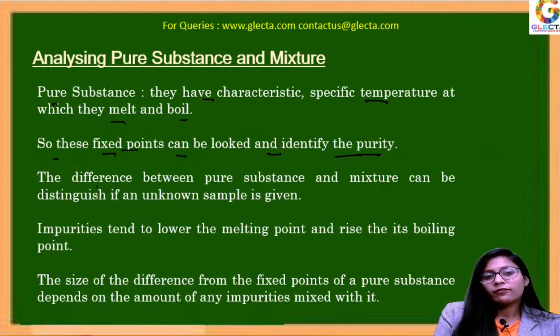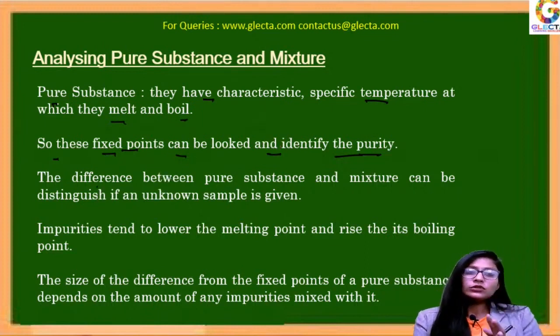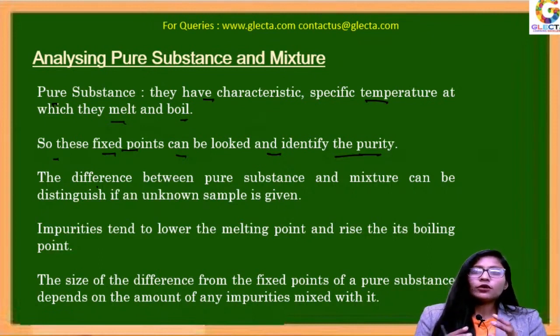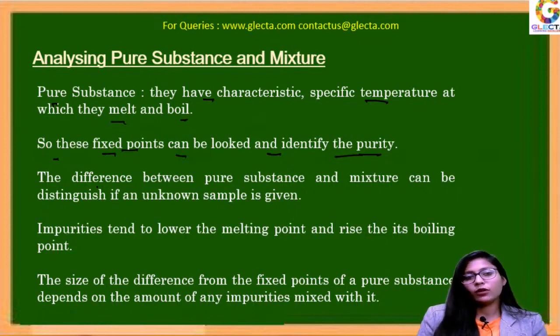So how can we find out if we have an unknown sample? Suppose I give you an unknown sample, what can you do? We already have a database of the melting points and boiling points of many pure substances.